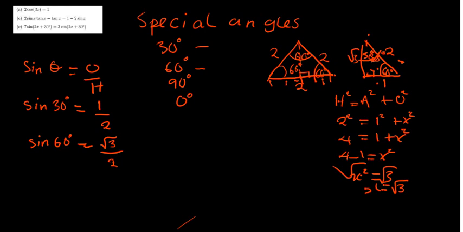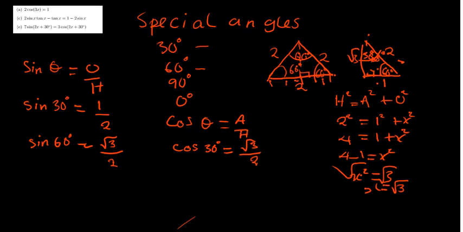Now let's consider the cosine ratio. Cosine theta is equal to adjacent over hypotenuse. Taking cos 30 degrees, the adjacent is the root of 3 and the hypotenuse is 2.